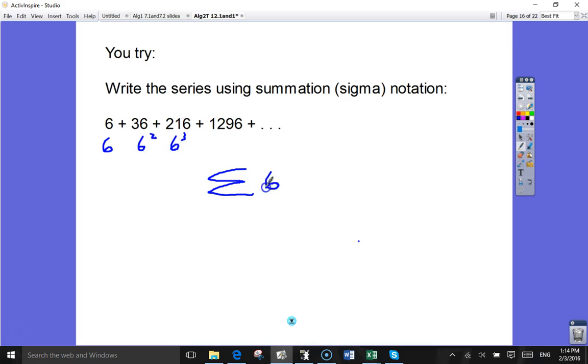So it's 6 to the n, right? Not 6 times n. That would give you 6, 12, 18, etc. And then n equals 1 to infinity.